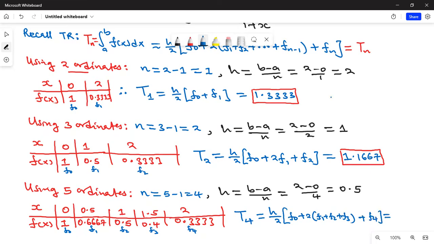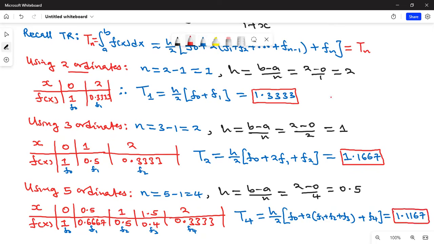You know the values of those ordinates from your table. You can substitute into that formula, and now our h is 0.5. When you substitute and you press in your calculator, you need to get 1.1167. So that's our approximation when we use 4 subdivisions.